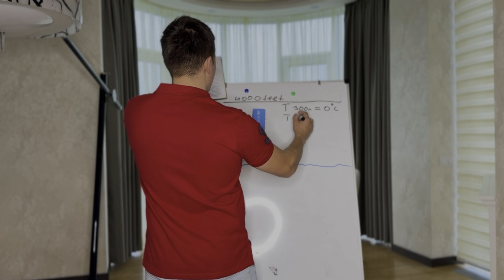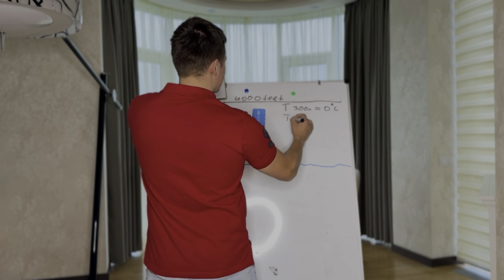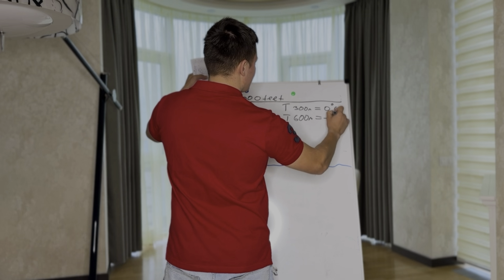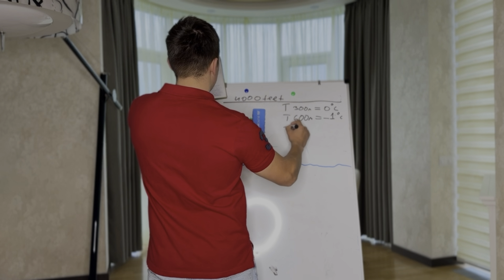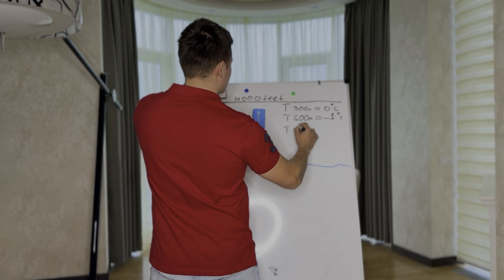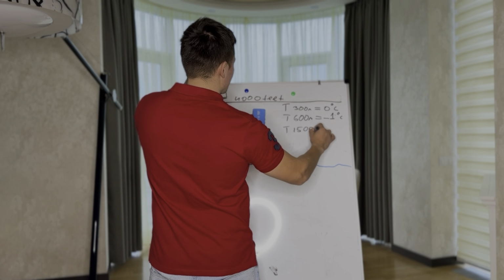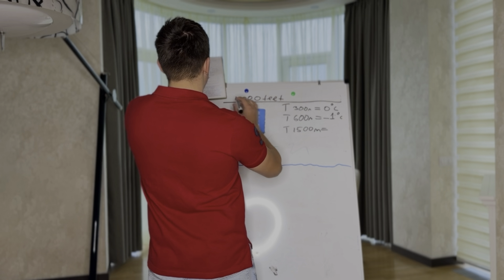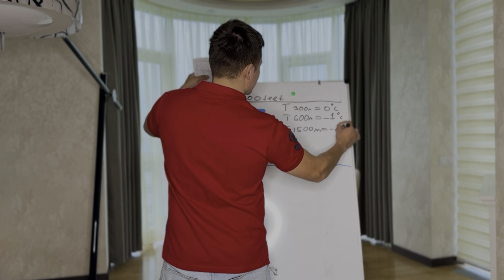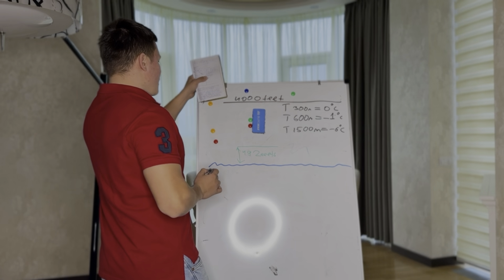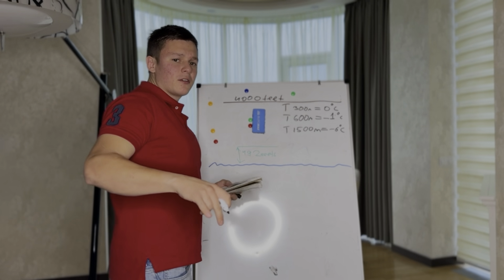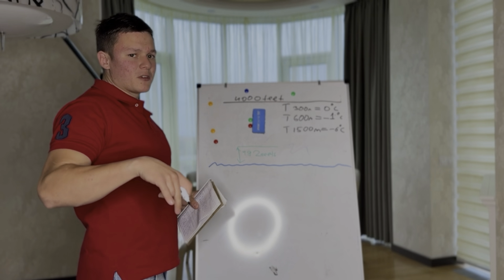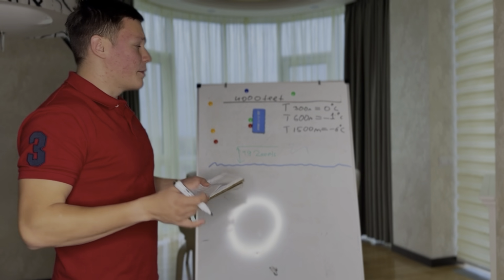Temperature at 600 meters will be 1 degree. And temperature at altitude 1,500 meters will be -6 degrees. I will leave the link for the GAMET in the description of this video, where we can check GAMET.